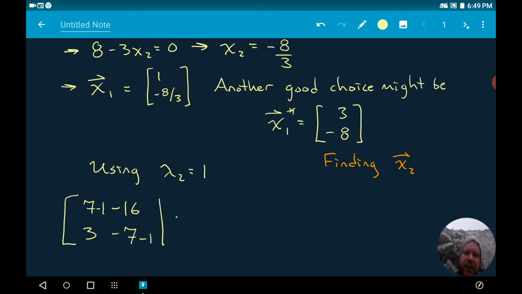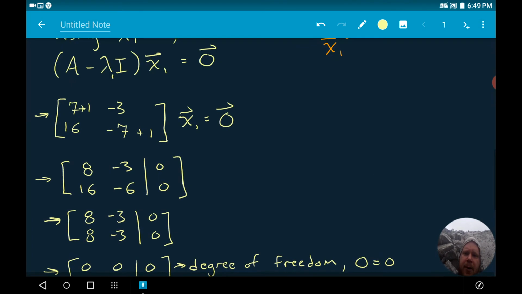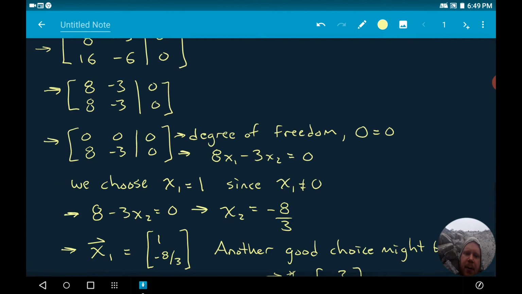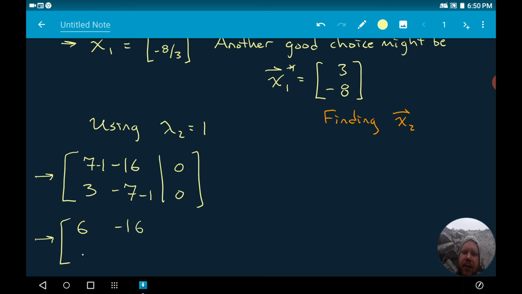And I'm skipping a few steps here, but similar to what we did last time. Yep, 6. Okay, we're good. Okay, 6, -16, 3, and this one's going to be, looks like 8.